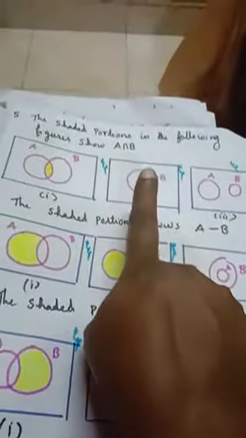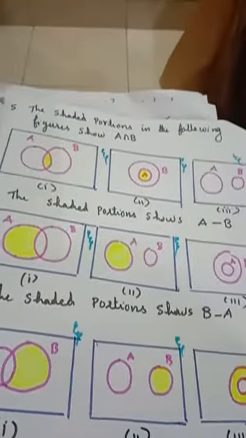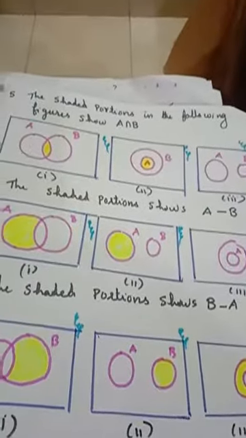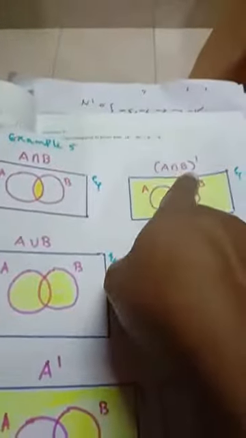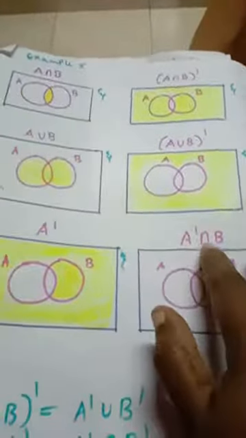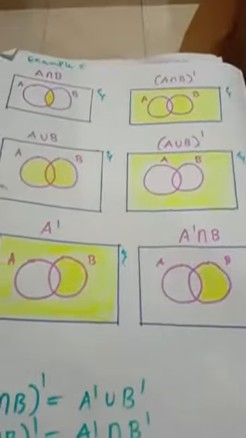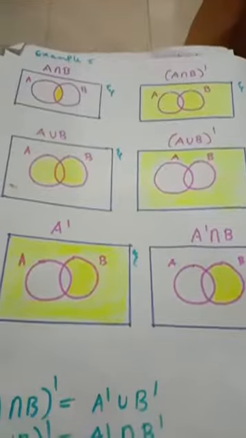For these three sets we want to learn how to mark A union B, A intersection B, A minus B, B minus A. Then one more thing, how to represent A intersection B whole complement, A union B whole complement, A dash intersection B. That also you learn.